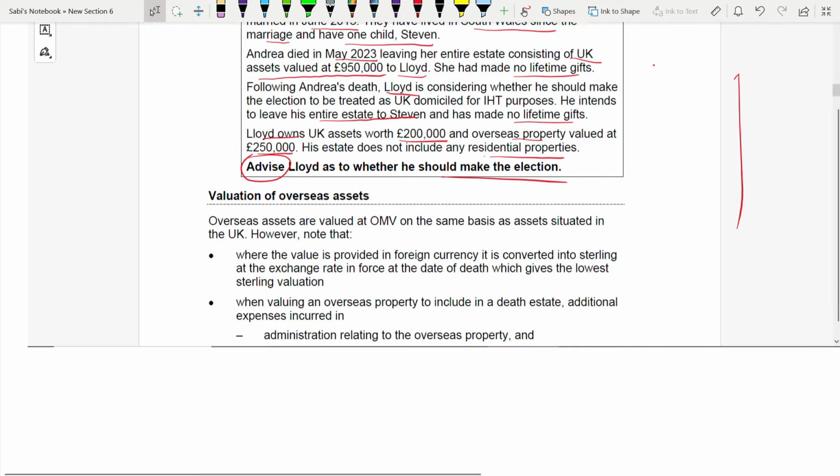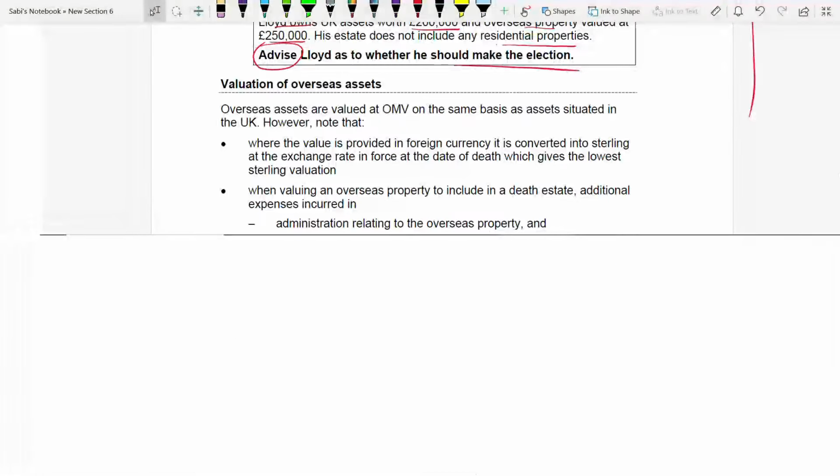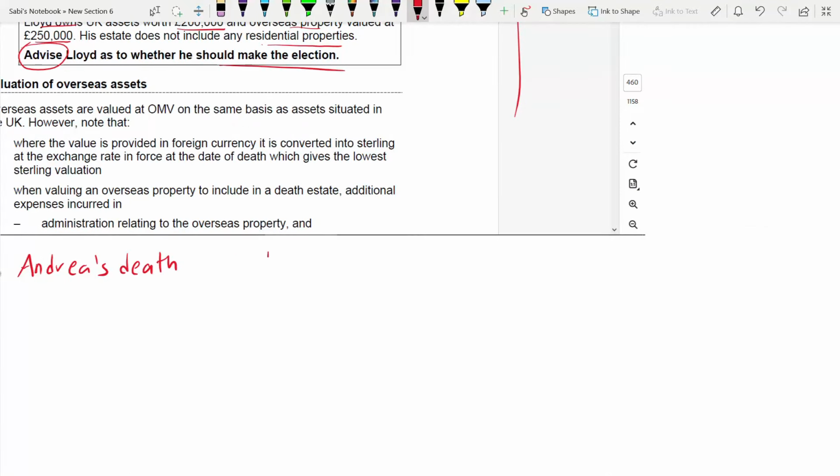So first we'll see on Andrea's death. He's a UK domicile. If no election is made, if election made.